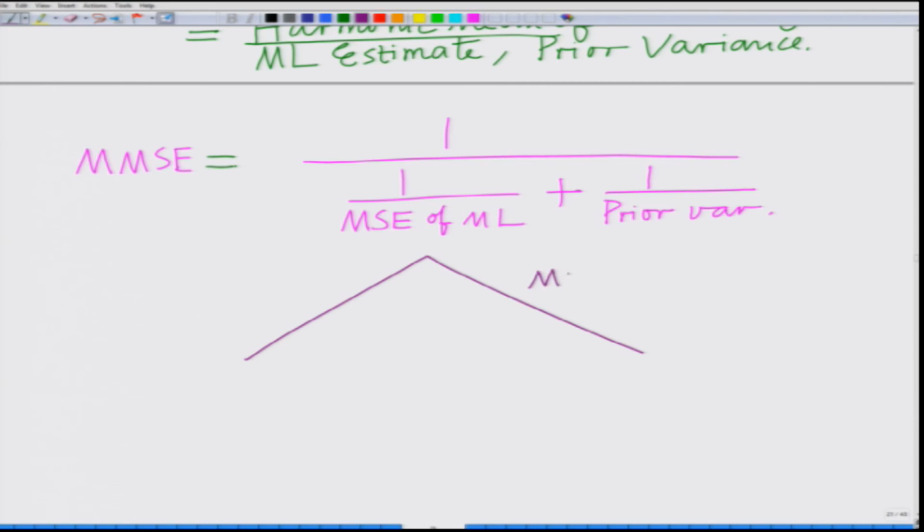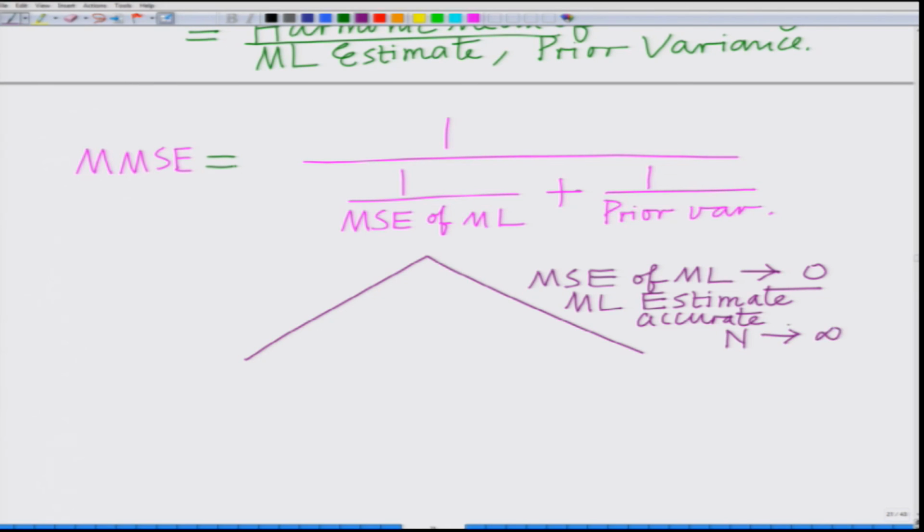So, you can have two cases. When the MSE of the ML estimate tends to 0, that is, the ML estimate is very accurate, and this happens when n, the number of observations, tends to infinity, the MMSE approximately tends to the MSE of ML estimation.